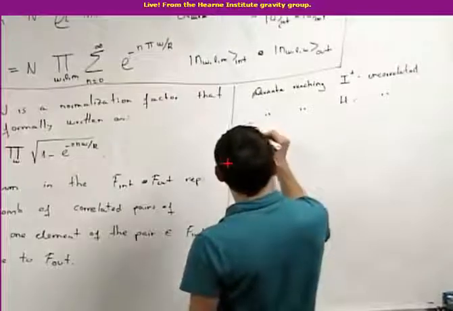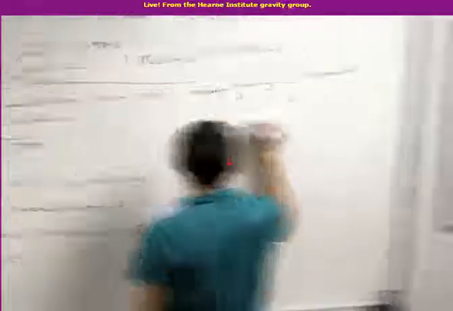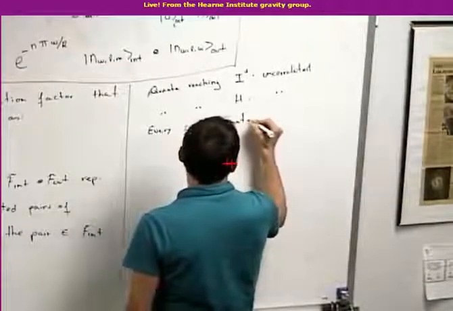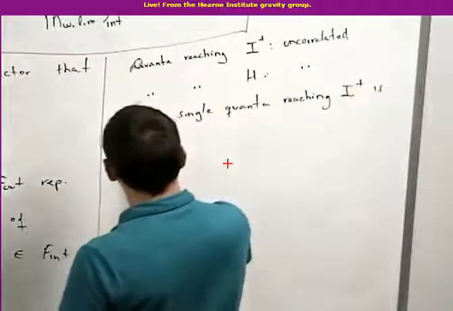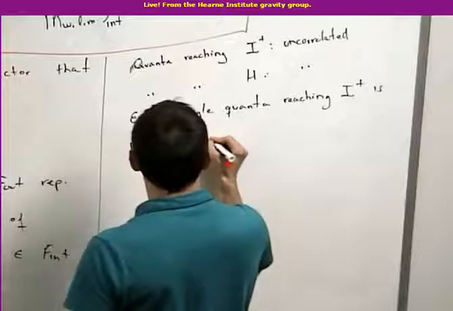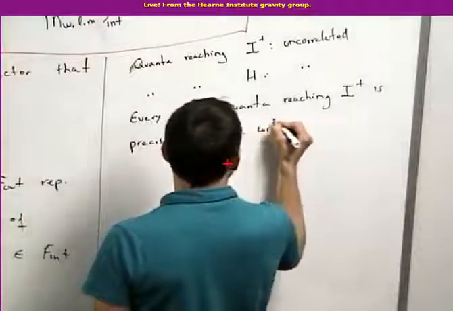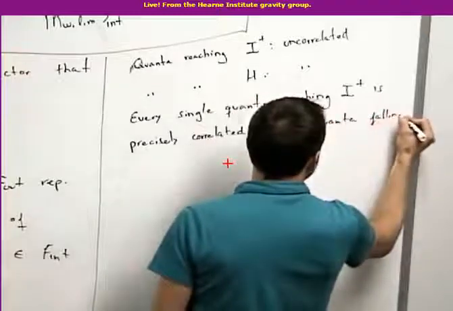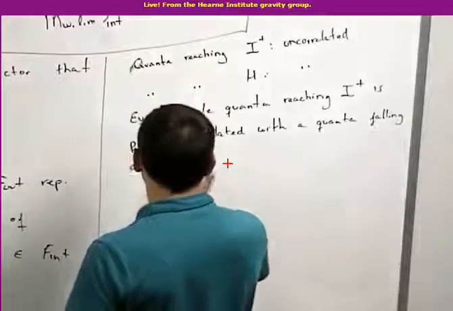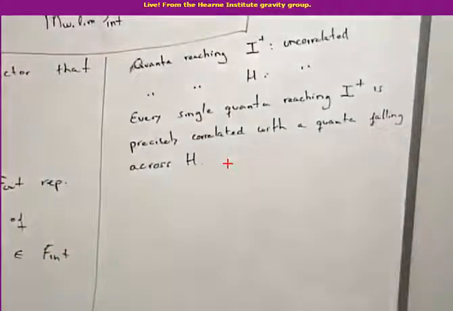But every single quantum reaching scri plus is precisely correlated with a quantum falling across the horizon. This is what this expression tells us. It's exactly the same as we did in the Unruh effect.